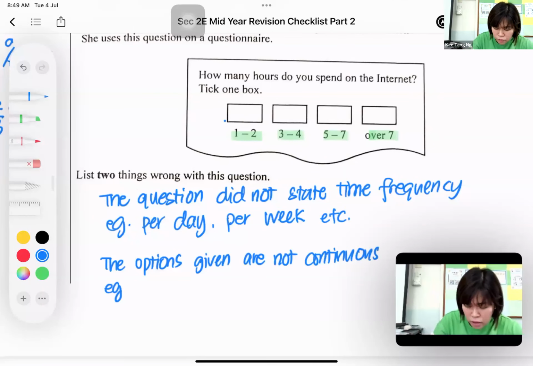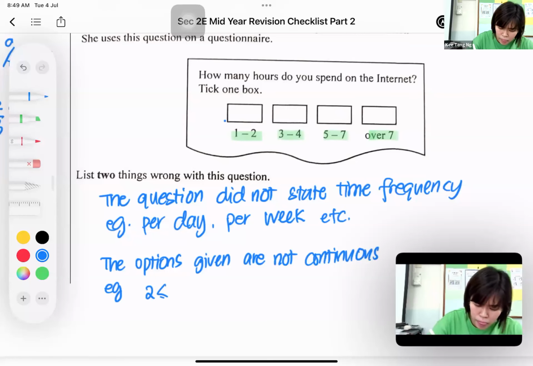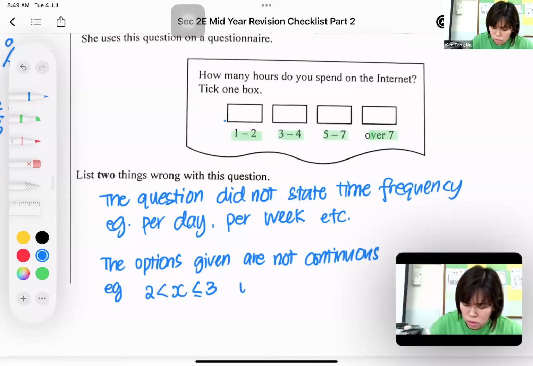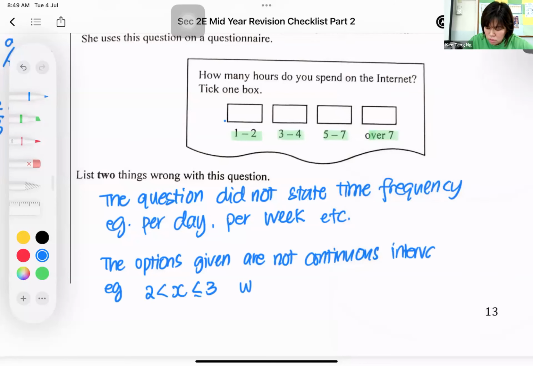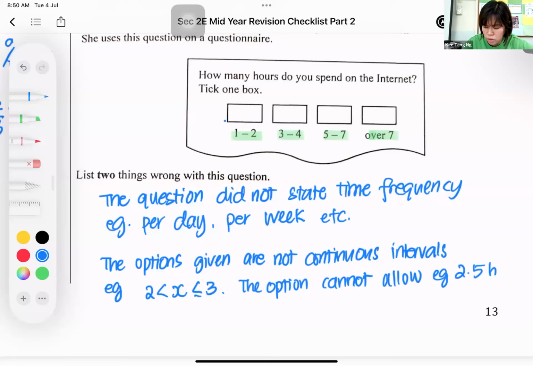For example, the options cannot allow 2.5 hours.